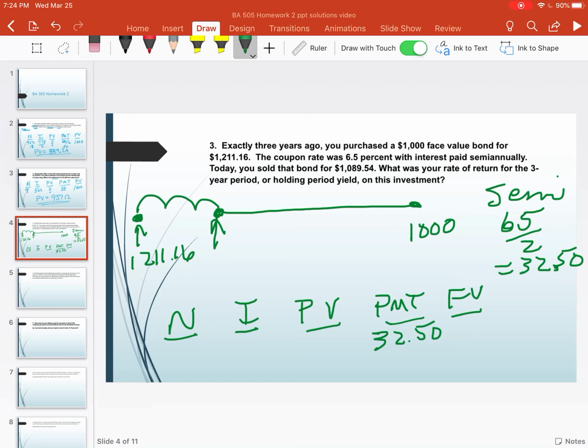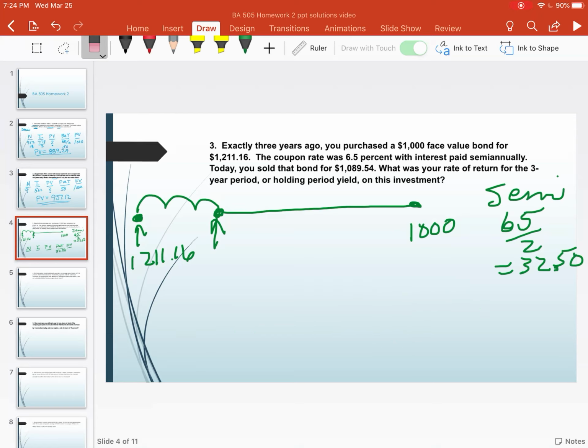So let's just erase this, so that we can use this space for something that would make more sense for us to use. So again, we're asked to solve for what is your rate of return for the 3-year period. So it's basically from here to here, or the holding period yield. So the return or the yield on this investment.